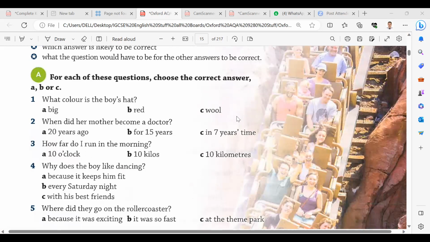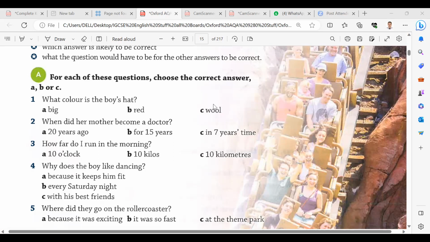What I mean by the keywords are the words that are important to choose the right answer. For example, what color is the boy's hat? I think you can answer before listening.